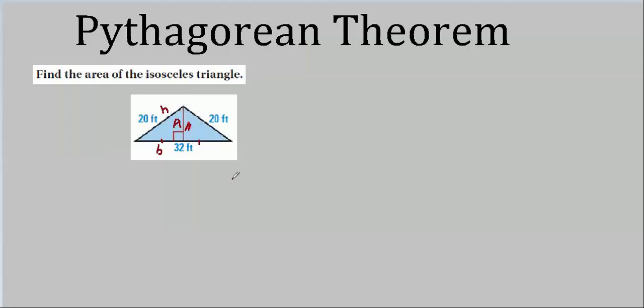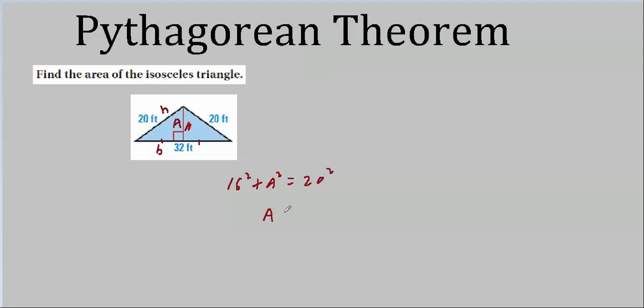So what we have is 16 squared plus a squared equals 20 squared. And what we're actually looking for is a, not a squared.